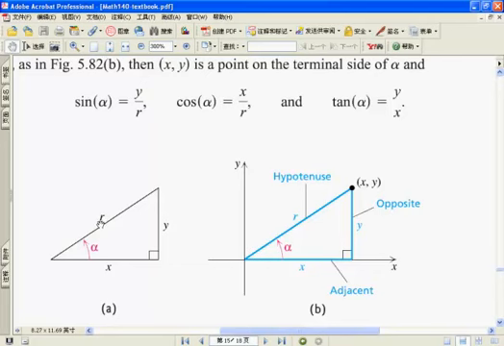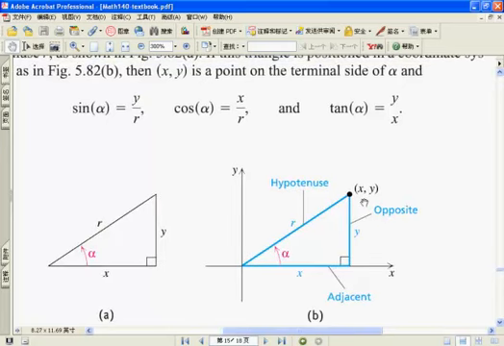And then we position this right triangle in a rectangular plane with the vertex of this acute angle at the origin and this adjacent side on the positive x-axis. So after we position this triangle in such a rectangular plane, we know the coordinates of this point are x and y, right? This length is x, and this length is y.